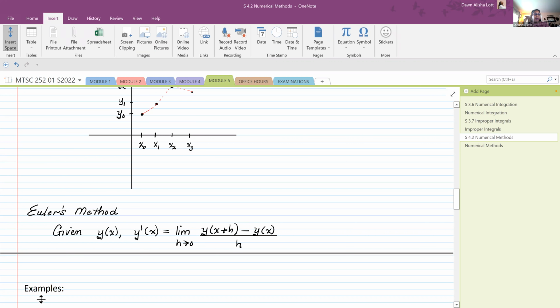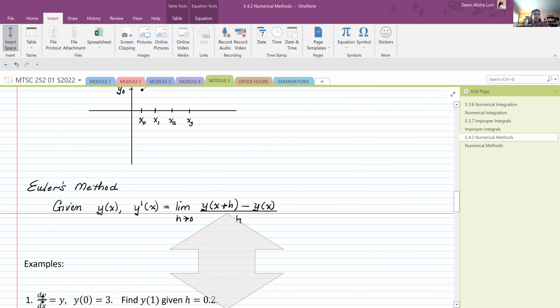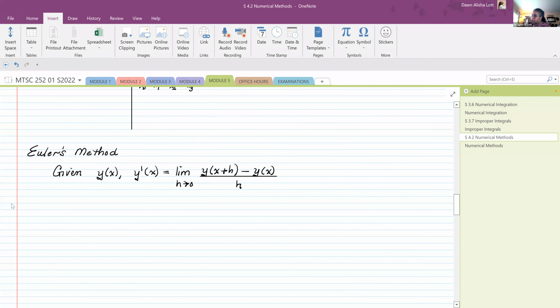All right, so now for the formal definition of the derivative, we're going to assume h is really, really small. So if h is much, much less than 1, that means h is small.